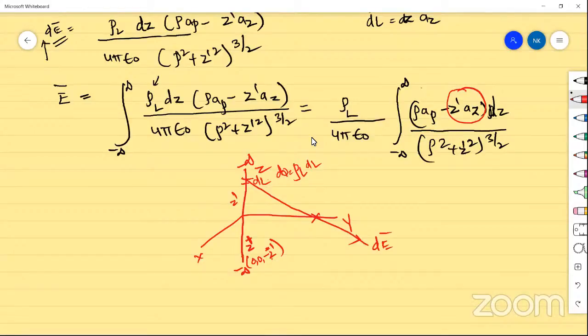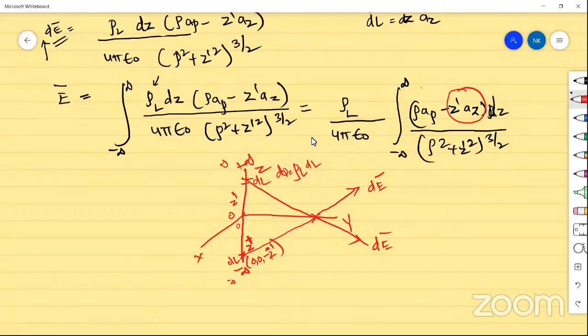Okay, so at the same distance, symmetrically there will be a dl. So this is from 0 to infinity, this is from 0 to minus infinity, so this is symmetrical. At the same distance we'll have a dl. Due to dl we have a charge equal to rho L into dl, and due to that there will be an electric field dE.